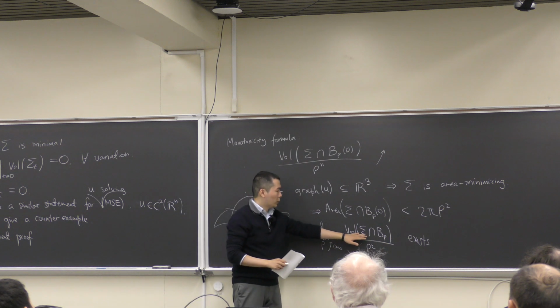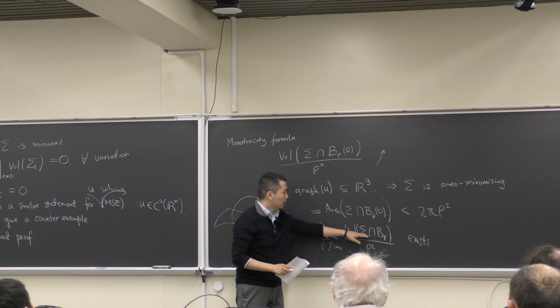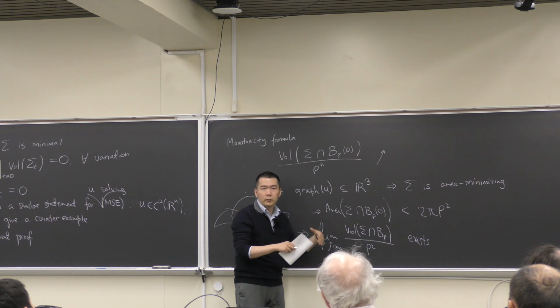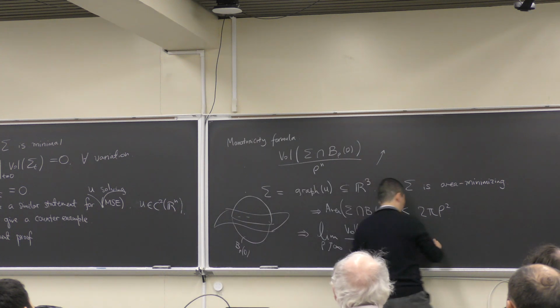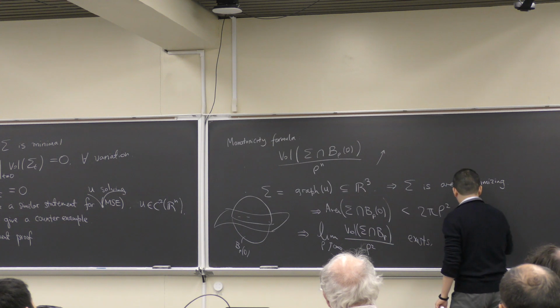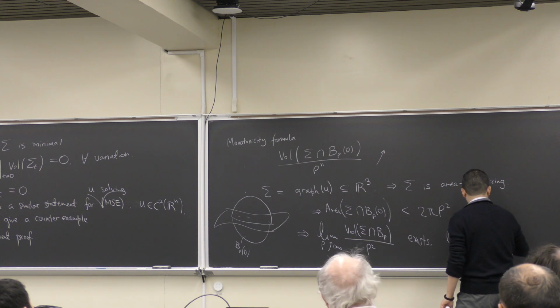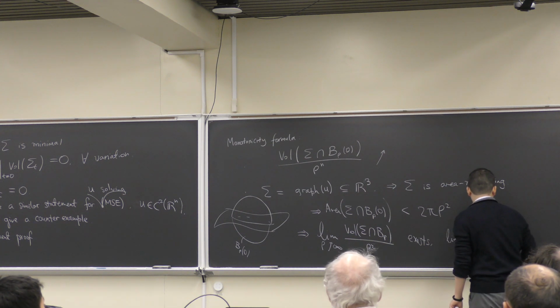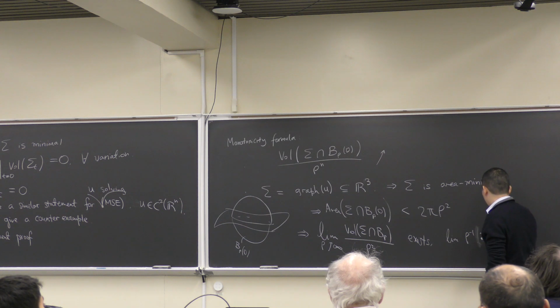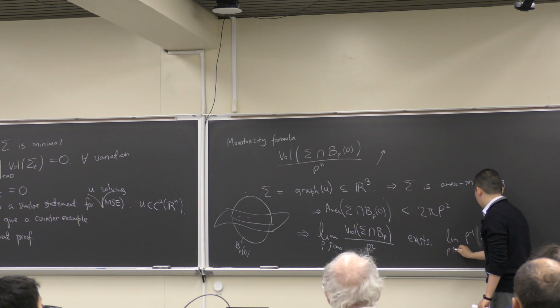But in some appropriate sense, one can take a limit as rho goes to infinity of sigma rescaled by rho. Well, maybe just let me write rho inverse times sigma. So this limit also exists.